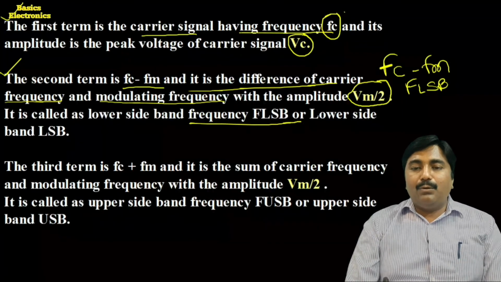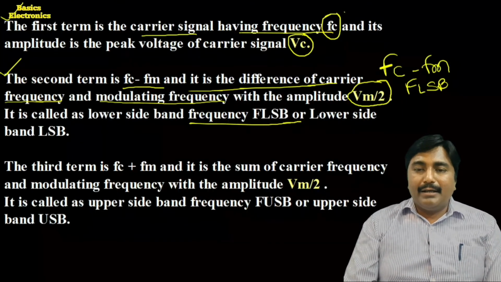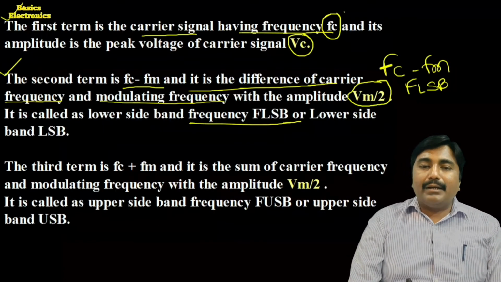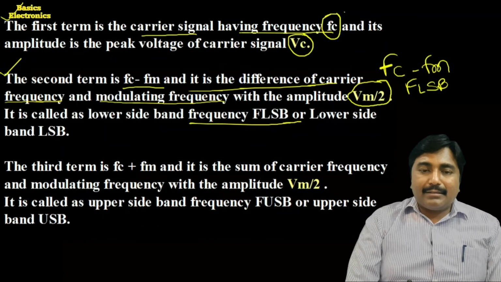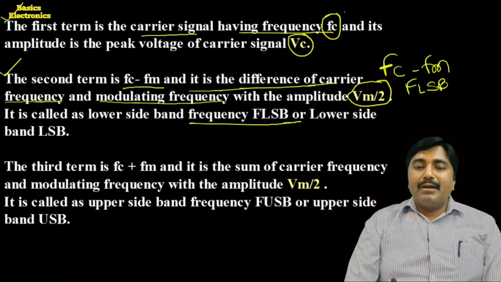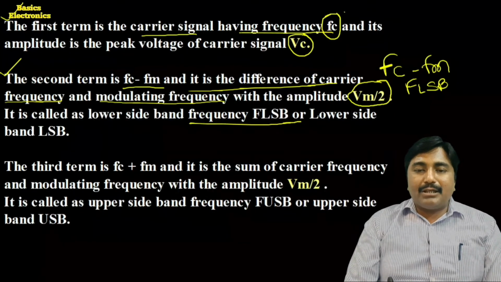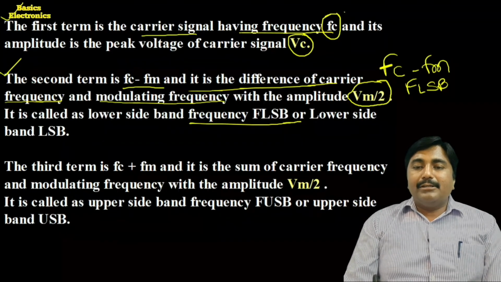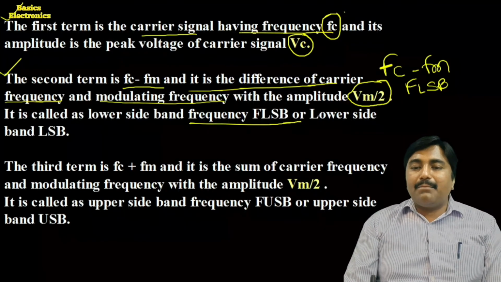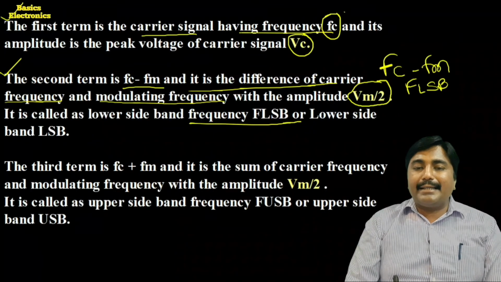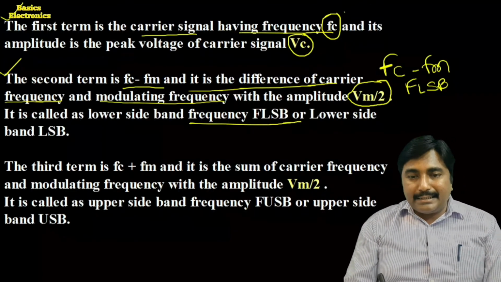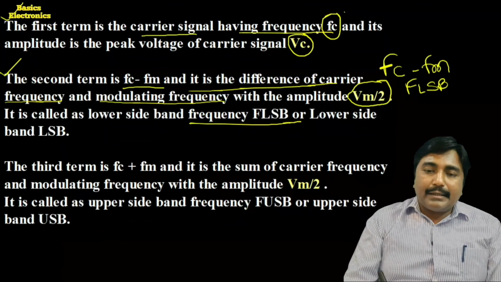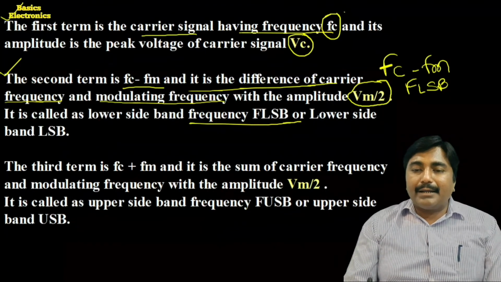This we call the lower sideband frequency, FLSB, lower sideband only, the LSB. The third term we get has the frequency Fc plus Fm, and here it is the sum of the carrier frequency and the modulating frequency. The amplitude of this Fc plus Fm term is Vm by 2.